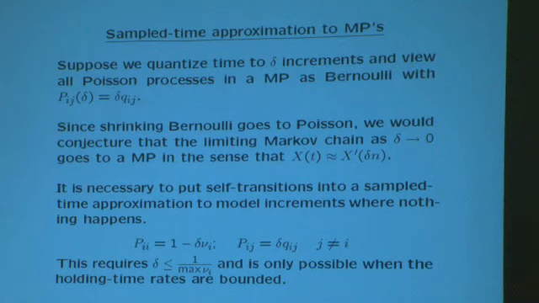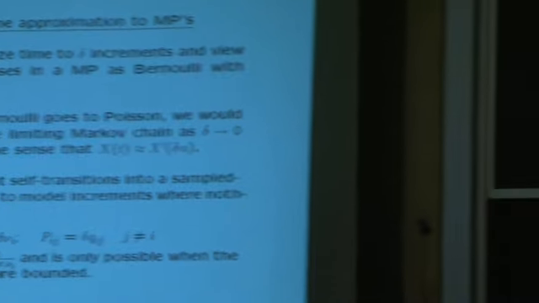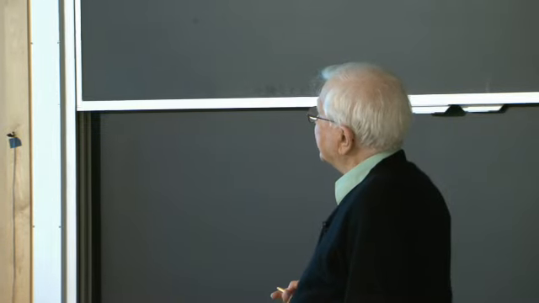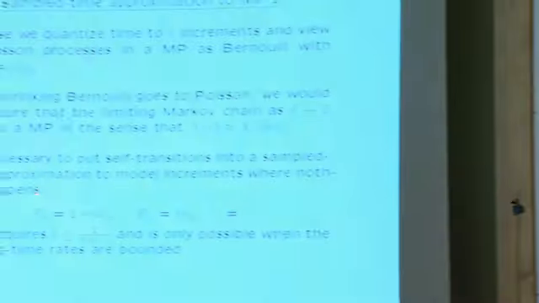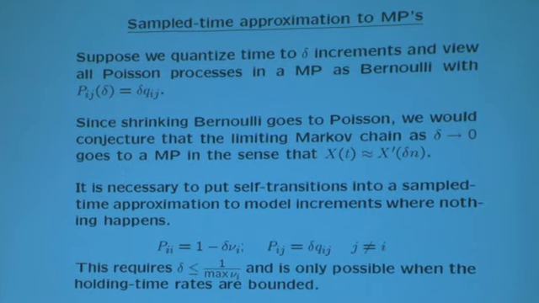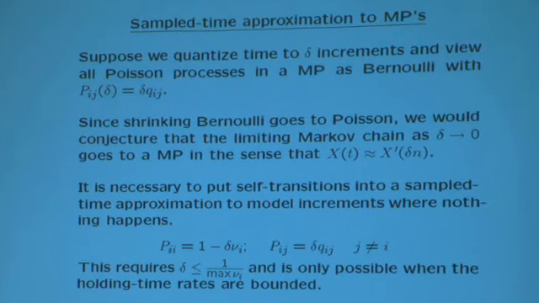When you start shrinking delta more and more, if you want to get a sample time approximation, delta has to be smaller than 1 over the maximum of the nu sub i's. If it's not smaller than the maximum of the nu sub i's, this self-transition probability here is unfortunately negative, and we don't like negative probabilities, so you can't do that.